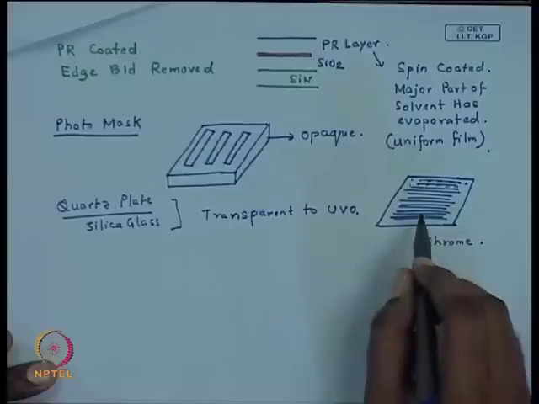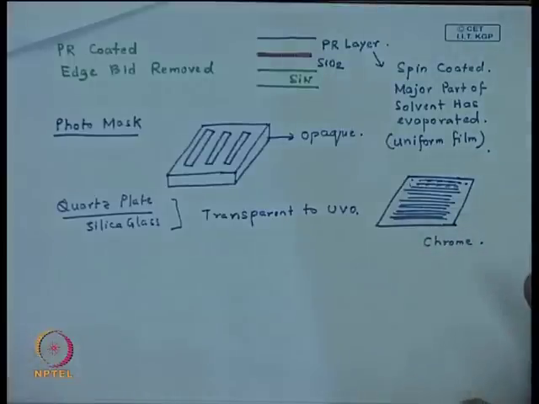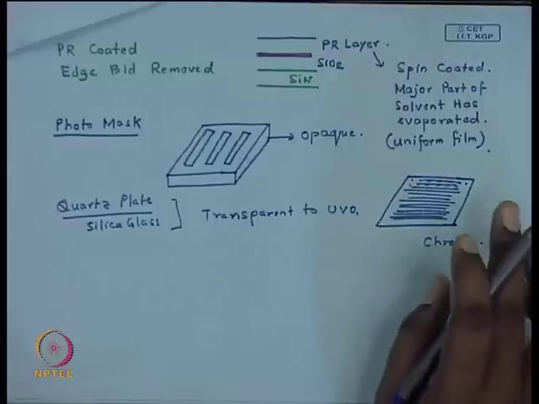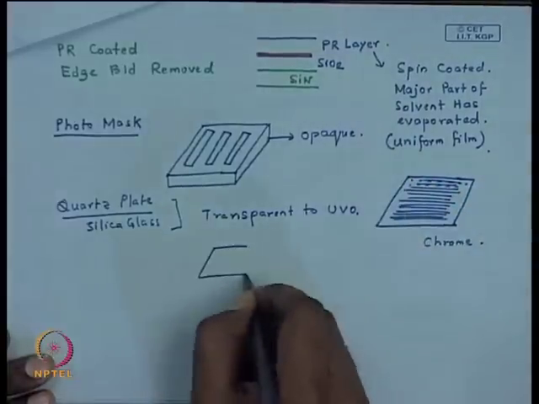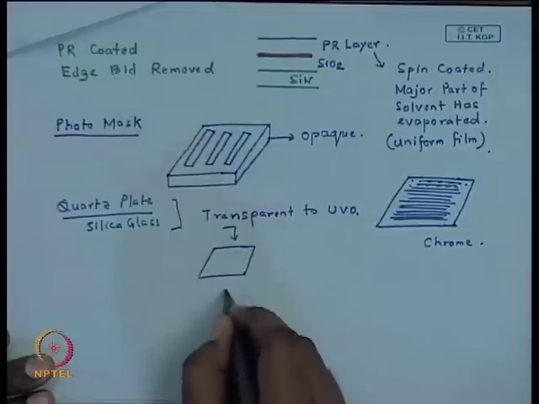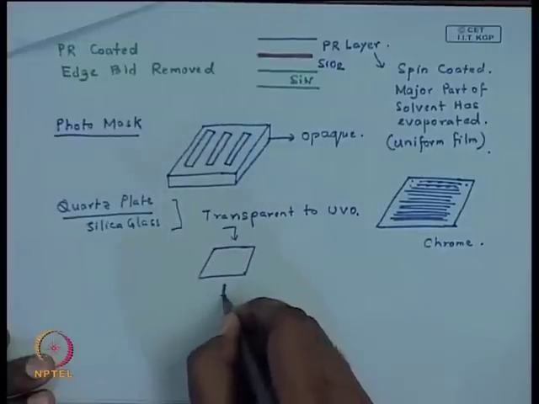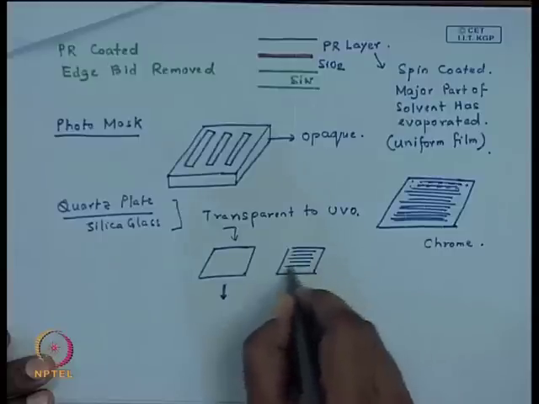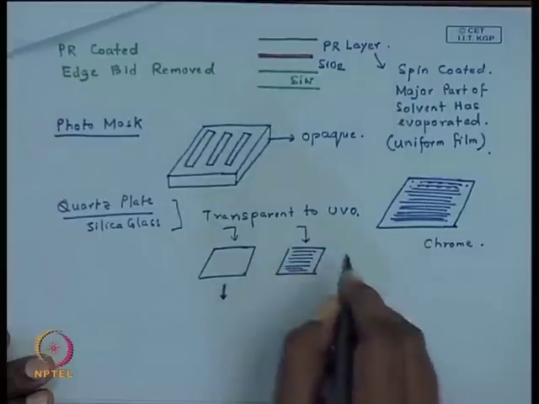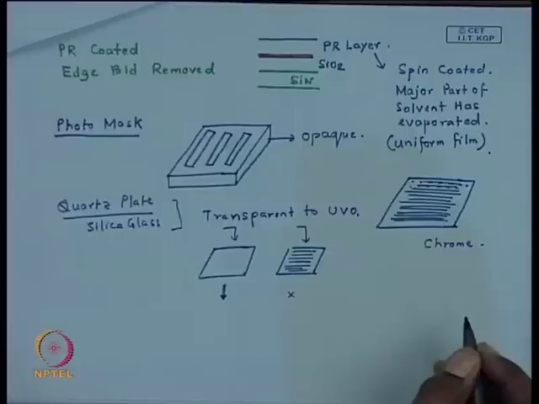This chrome metal is opaque to UVO. If UV light falls on chromium or this chrome metal coating, it will absorb the UVO. So, you had a quartz plate, you shine UVO, it is 100% transparent. If you now have the same quartz plate coated with chromium and you shine UVO, nothing is going to pass because it absorbs.